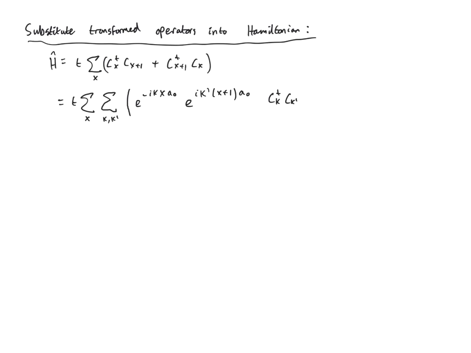The second term is just the Hermitian conjugate of this, and I'm going to get, again, some coefficients. It's going to be e to the minus i k of x plus 1 this time, a naught, and e to the plus i k primed of x a naught.